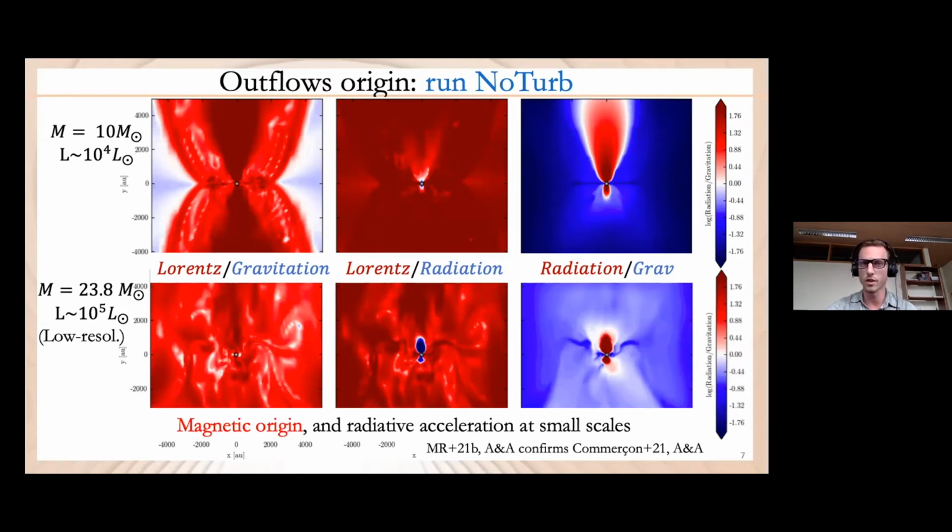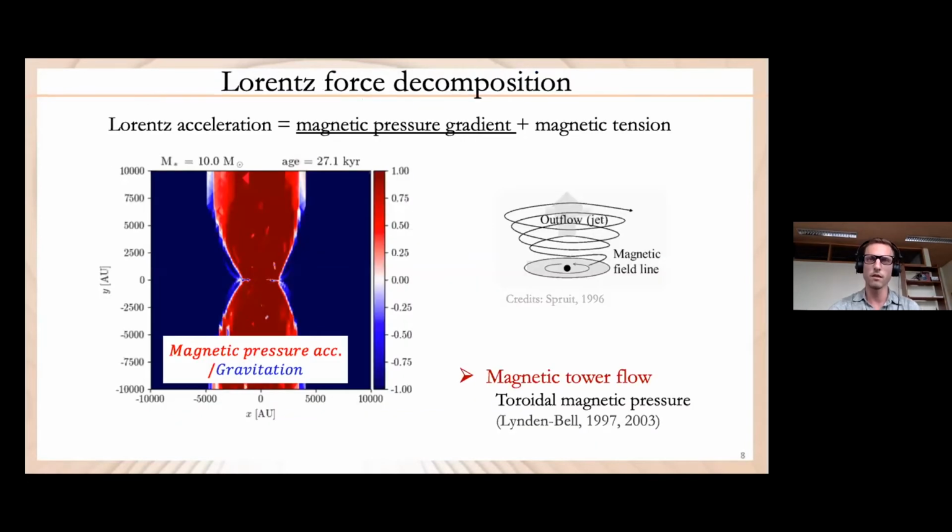But it shows that the massive protostellar outflows are mainly of magnetic origin. And this confirms the paper by Benoît Commerçon more recently this year that was done with the FLD radiative transfer method.